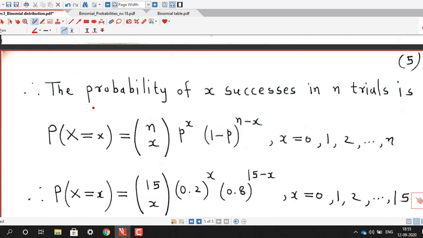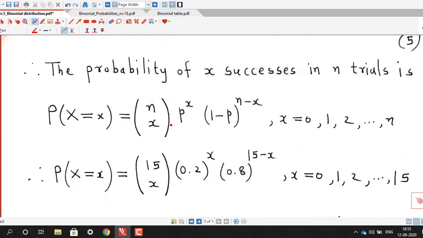So therefore the probability of x successes in n trials is ncx p raised to x, 1 minus p raised to n minus x, x equal to 0, 1 to n. So here n is 15 and p is 0.2. So we put n equal to 15 and p equal to 0.2 in this formula.